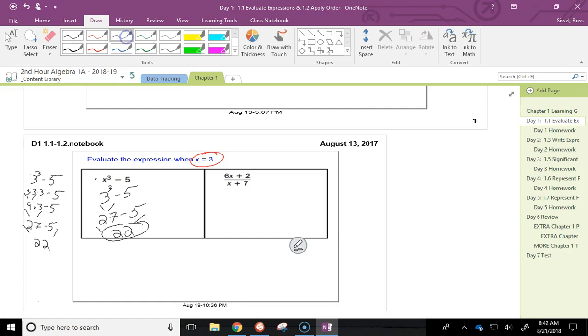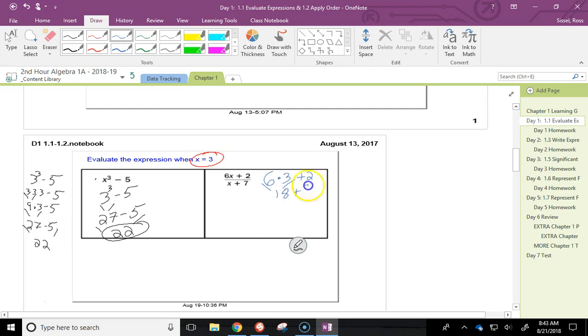The next one, same thing. I'm going to switch colors. So I'm going to rewrite it as 6. And remember, since the variable is right next to the number, it means we're multiplying. So 6 times 3 plus 2. And I'm going to go ahead and simplify that one first before anything else. 6 times 3 is 18, gentlemen.